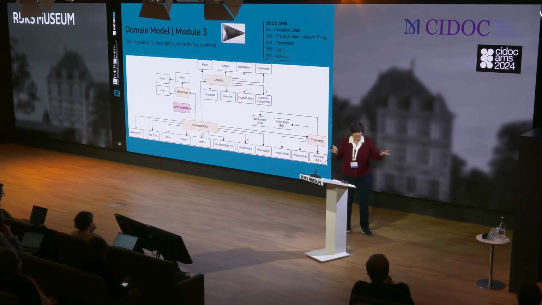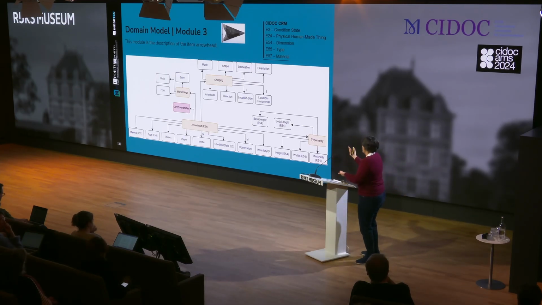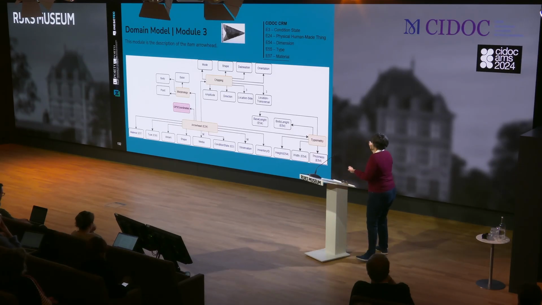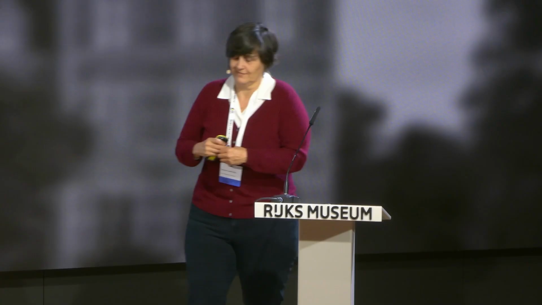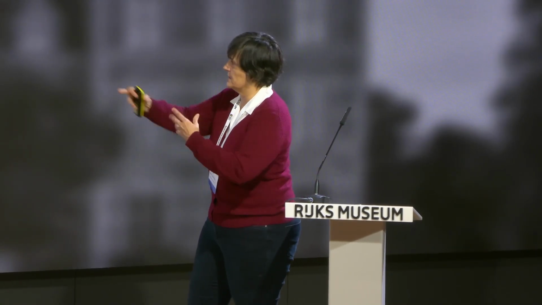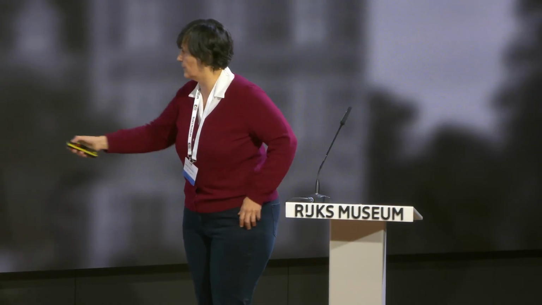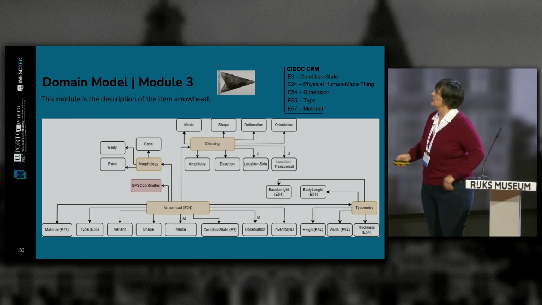But of course, I knew that the CRM Archeo was not going to have properties and classes for this. I mean, we have condition state, which is so. This was the beginning of my work.